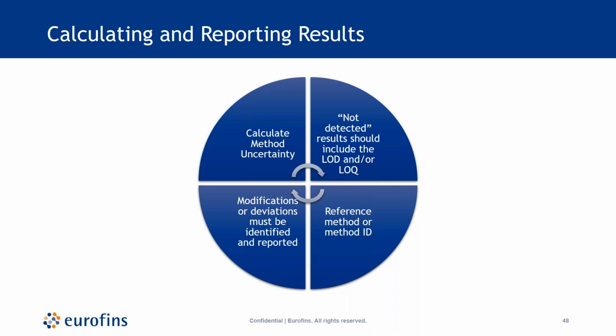It also may be appropriate to include the reference method or the method ID on the certificate of analysis or report. And also, if there was any type of modification or deviation, it should be noted. There should be traceability for compliant testing. So any modification or deviation should be noted in detail in sample preparation. It should also be identified on the certificate of analysis and report.